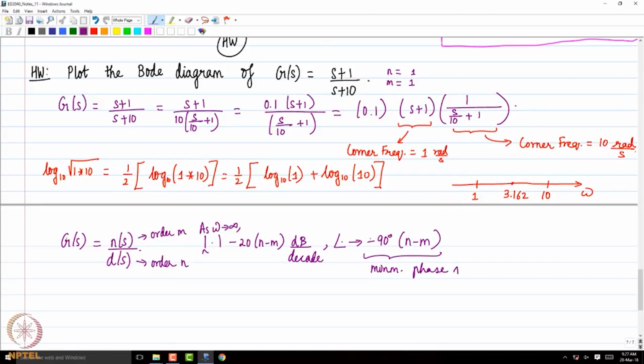So, what is going to be the value here? 0. And does it tend to 0? It does, because s plus 1 will give you a phase contribution of plus 90, and 1 by s by 10 plus 1 will give you a phase contribution of minus 90 as omega tends to infinity. So, the sum is going to be 0.